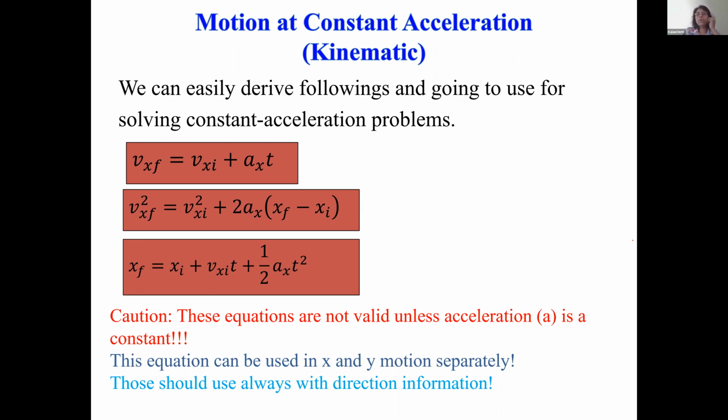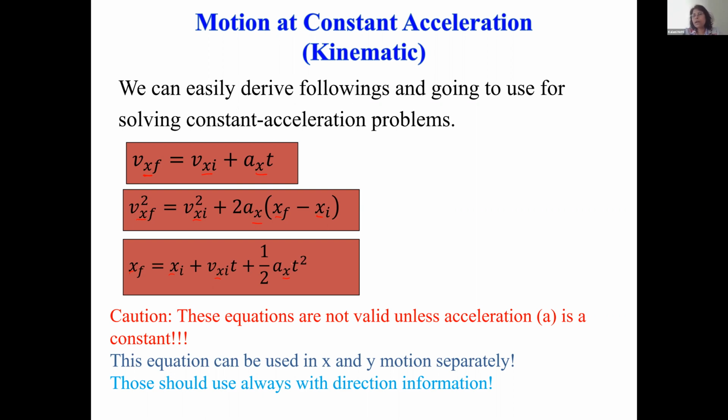Okay, so now let's go to the first equation. What does the first equation say to you? I am writing these equations towards the x direction. That's why everything is x, you see. You need to change all the x into y when you use it for vertical motion. So I am working with the x direction here.